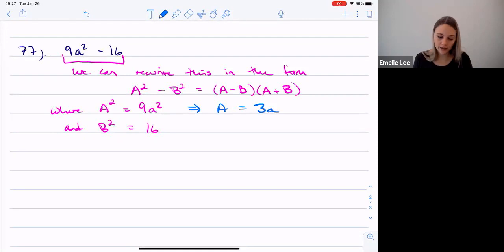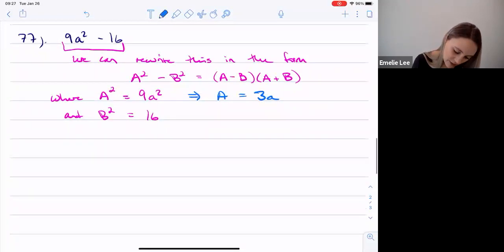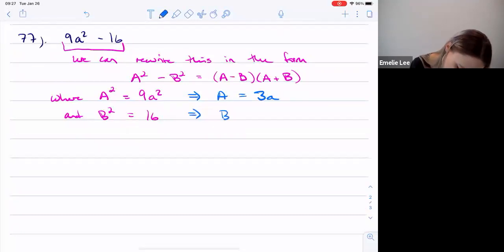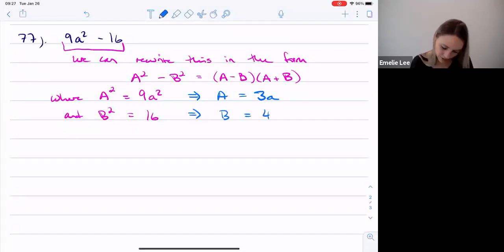And you should check it, right? If you have a squared, then you've got brackets around this 3a, so then you have 3 squared times a squared. Well, that's 9a squared, right? So it checks out. Okay. Same thing here. That means that b is going to be 4. 4 squared is 16. So that checks out too.